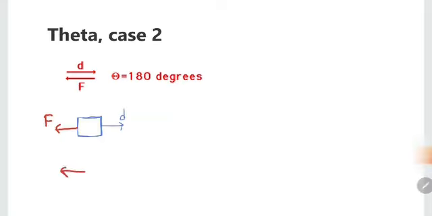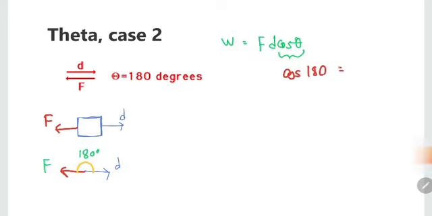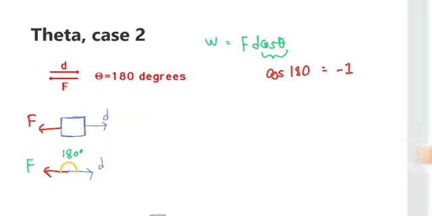So, if we draw it like this, you can see that there's a large angle between the force and the displacement, di ba? They are opposite each other. So, 180 degrees yung angle between them. So in F D cosine theta, this should be cosine 180. If you put that in the calculator, cosine 180 is -1. So actually, it's like force times displacement times -1 pag case number 2.